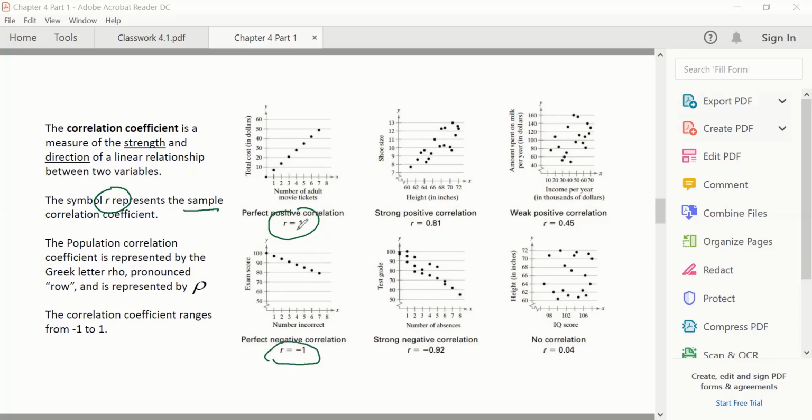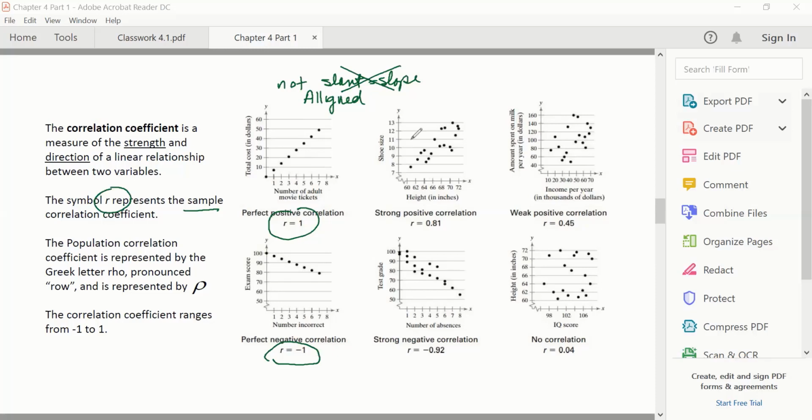These numbers don't have to do with the slant or slope of the line. It's just about how aligned the numbers are in a perfect line and whether they go uphill where it's positive or downhill where it's negative.